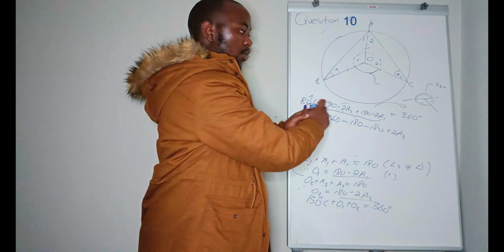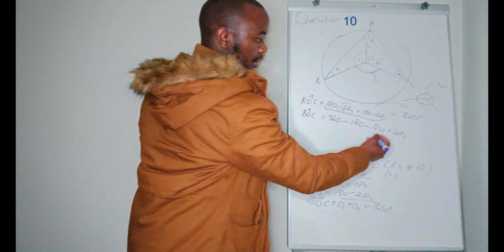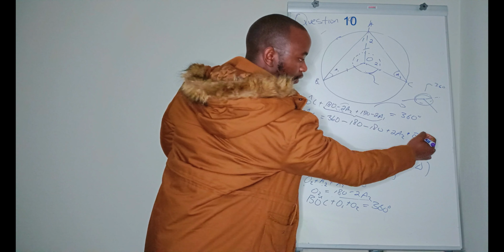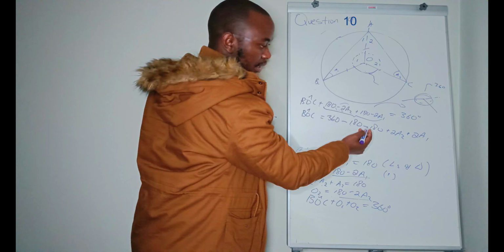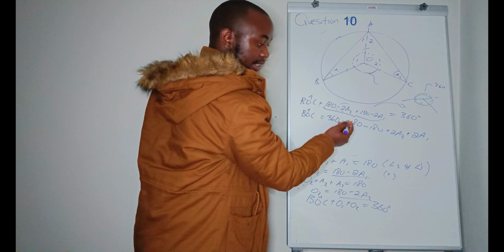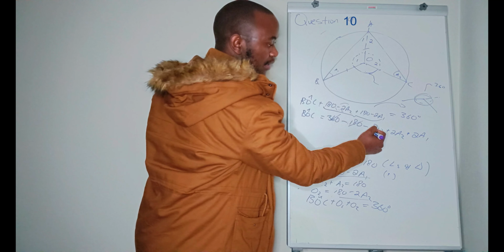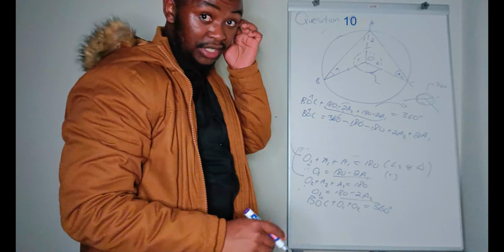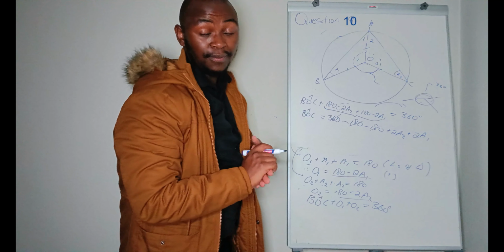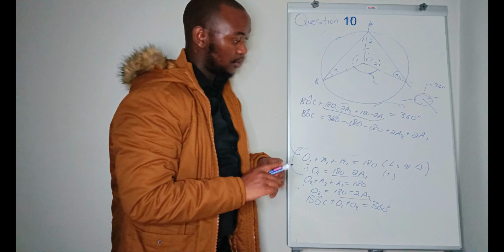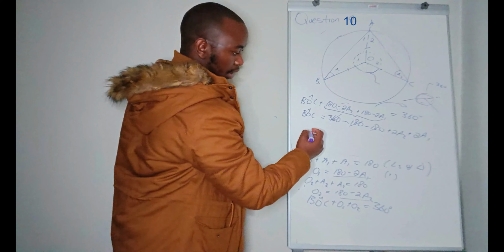So when a number goes from the left hand side to the right hand side, it changes its sign. So you see here that we're going to have a 2A1. Minus 180 minus 180 is the same as adding 180 and putting the negative sign. So these are going to cancel out. You can put it in your equation if you don't understand, but minus 180 minus 180 is negative 360. That cancels out with 360. And you are left with 2A2 plus 2A1.